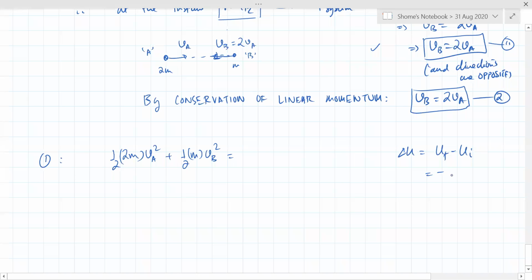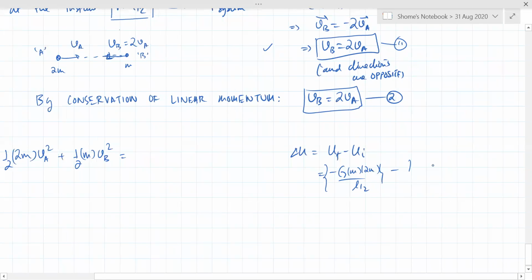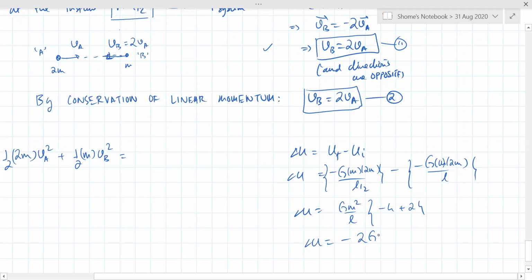So it was minus G m into 2m divided by L by 2, the final, minus the initial, which was minus G m into 2m divided by L. So this delta U in terms of these parameters is minus 4 plus 2, so delta U was minus 2 G m square by L.